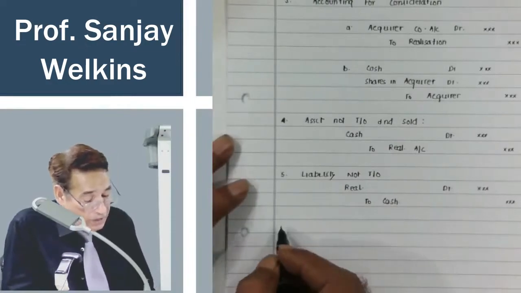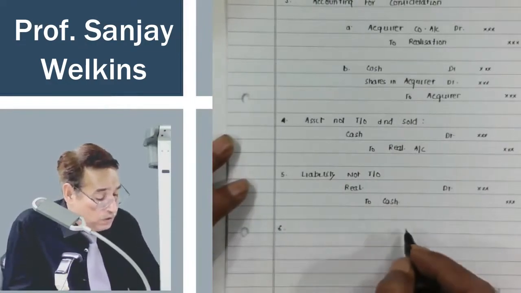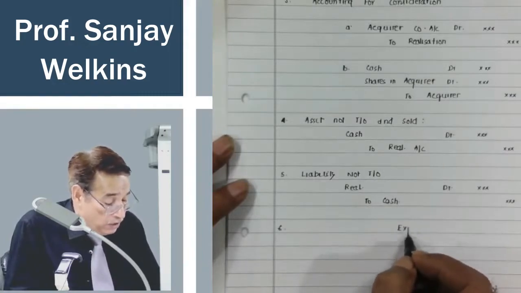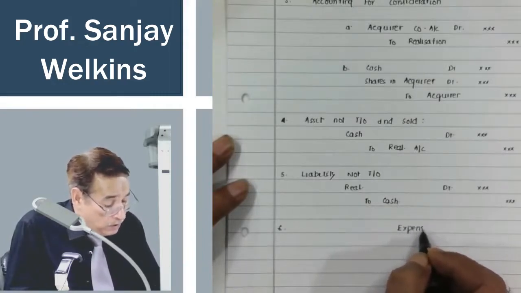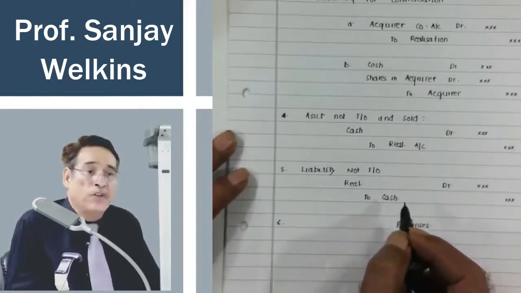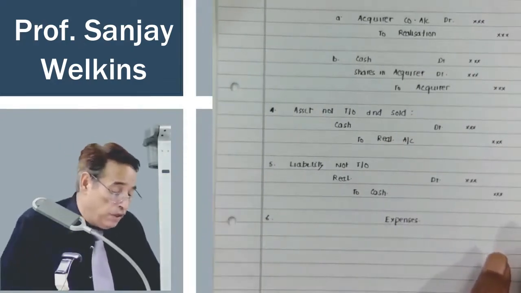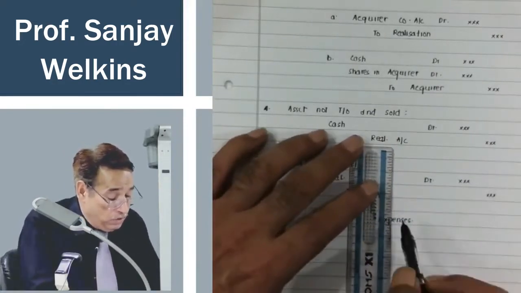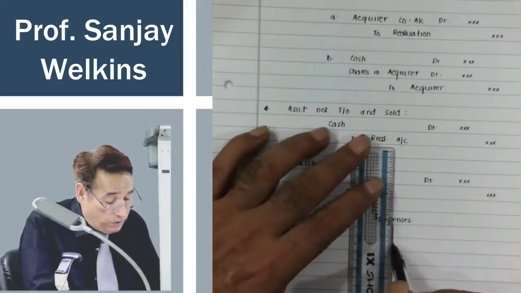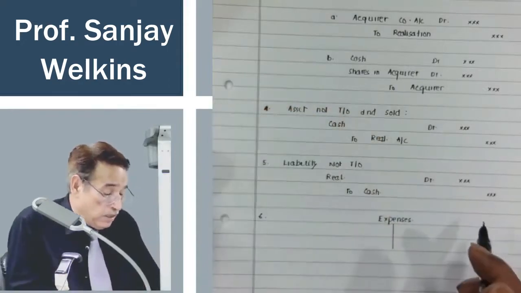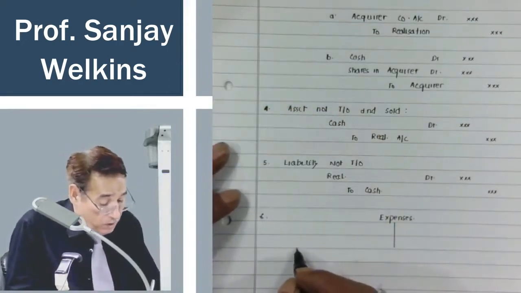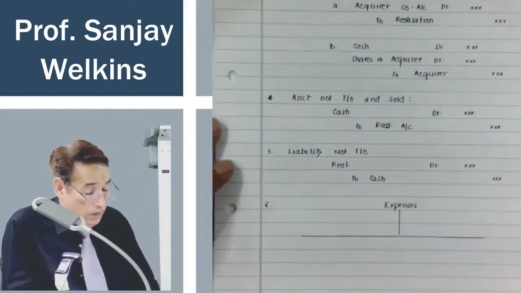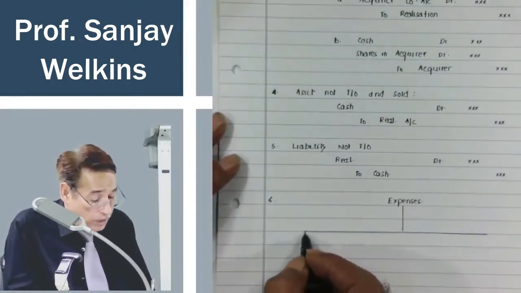Then next thing is with respect to expenses. When an entity acquires another entity, there may be some expenses in connection with the same, because generally when we acquire some entity, we may need services of some experts also, correct? Some advices also. So such expenses may be there. Now the treatment of expenses is like this.